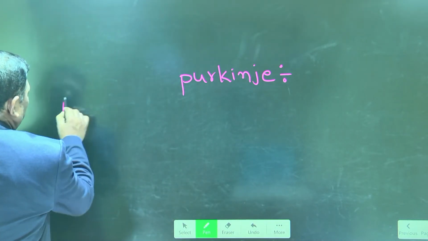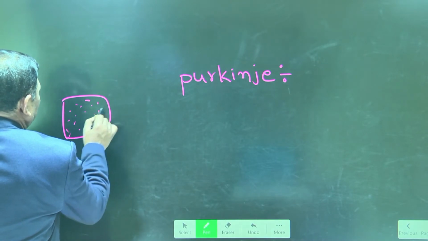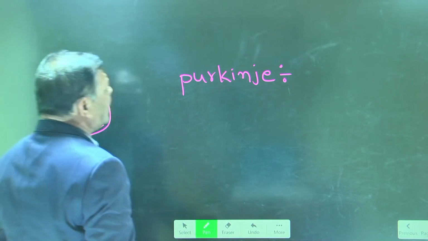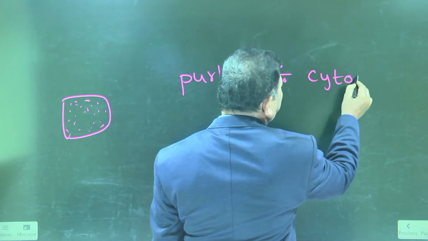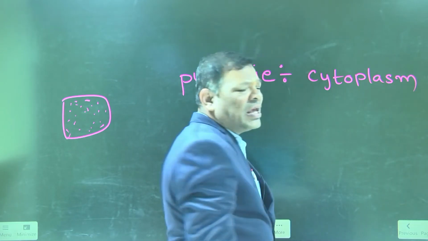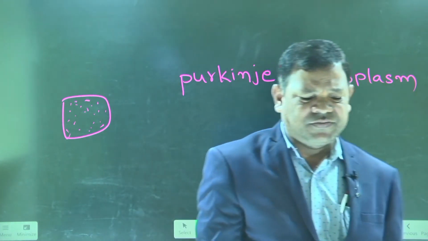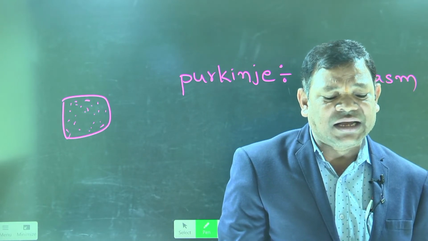Any cell has a semi-solid, liquid, homogeneous material present in it, and that material was named cytoplasm by Purkinje.